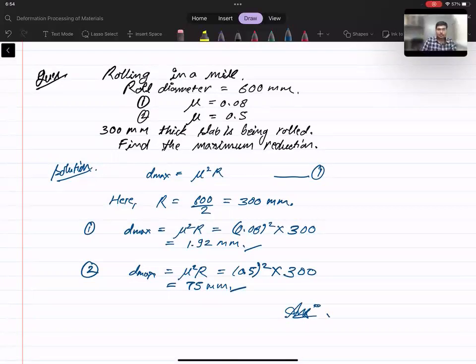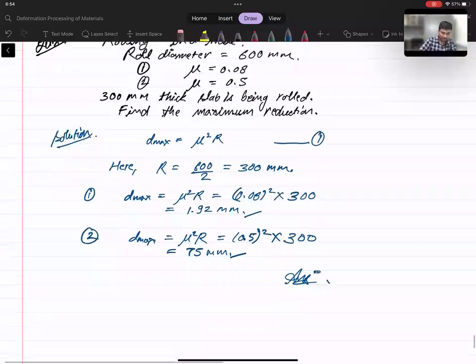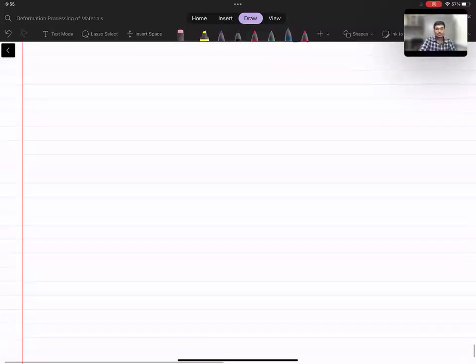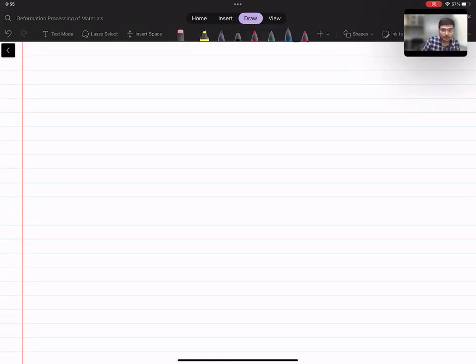Now let us see one of the important concepts related to the rolling operation. We will now see the characteristic elastic and plastic curves for a rolling mill.